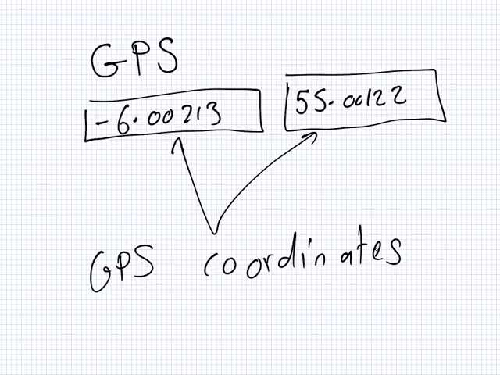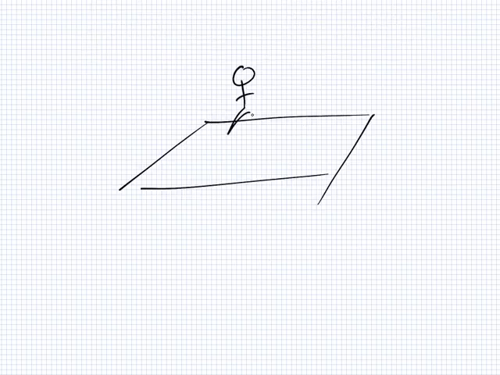Another example, this is flat, so you can call it a plane. So this is a flat plane, you can use it like this. Plane just means something that's flat.